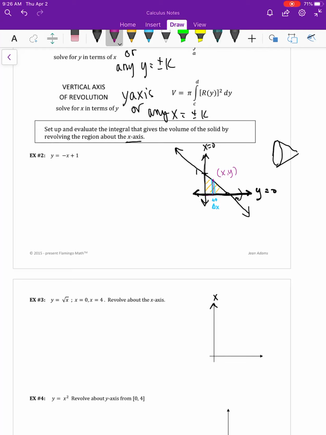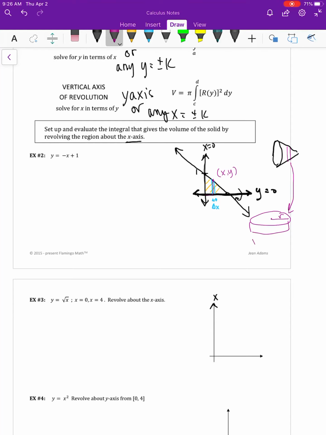Remember, we're slicing it, and that representative rectangle is the radius of a slice. We're imagining that we just took a slice out of here, and that thing right there is the radius of it.